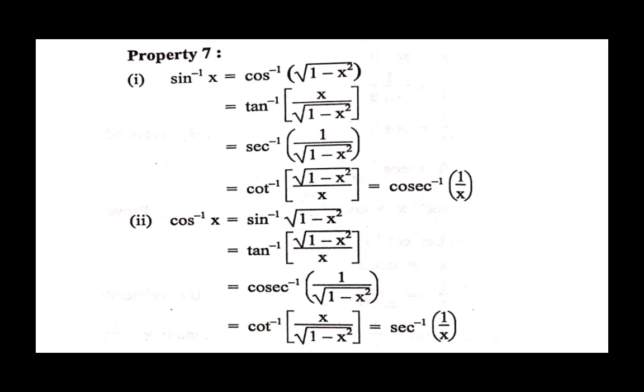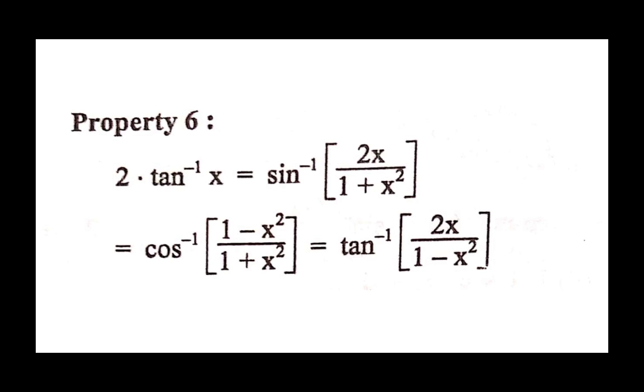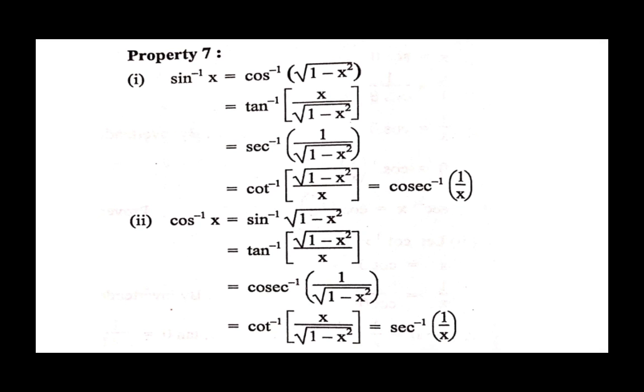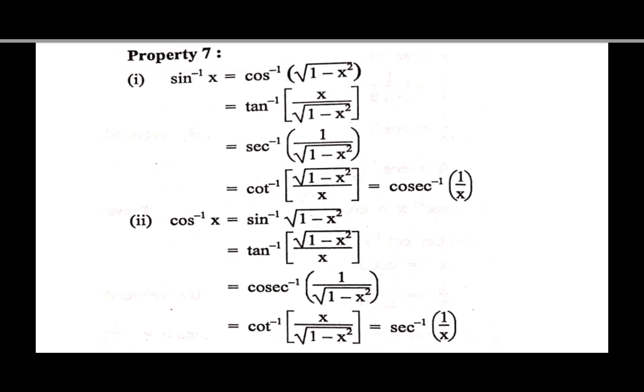So property 7, this property we are going to directly use as it is without proof. Property number 7 says that sin inverse x is equal to cos inverse of under root of 1 minus x square. Sin in terms of cos is under root 1 minus x square.